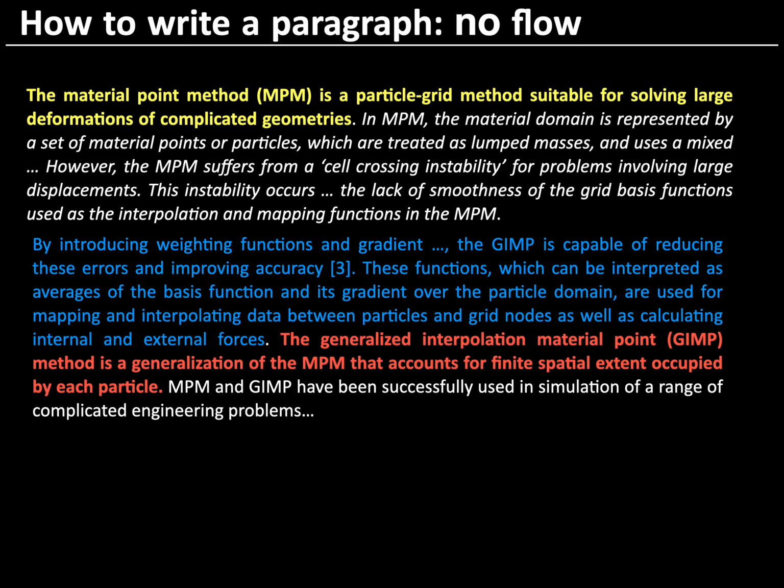And only when I'm already done with the NPM, I introduce the GIMP. So actually I just made two paragraphs from one paragraph, and that's why it's easy. In this paragraph I just talk about NPM. In this I just talk about GIMP.